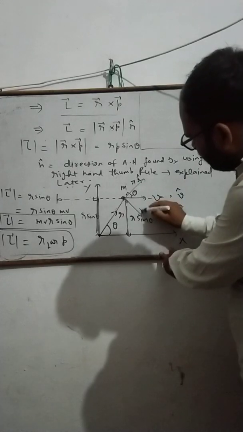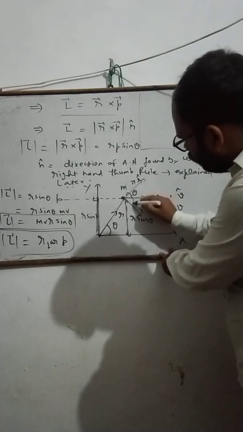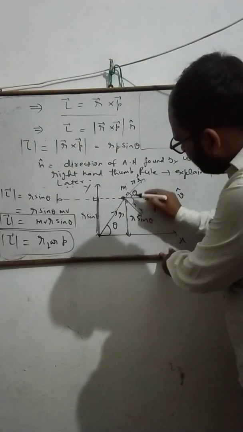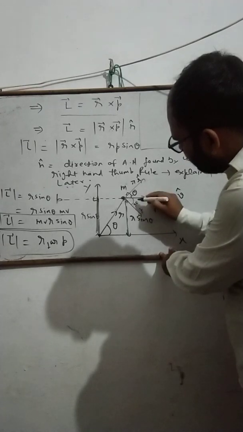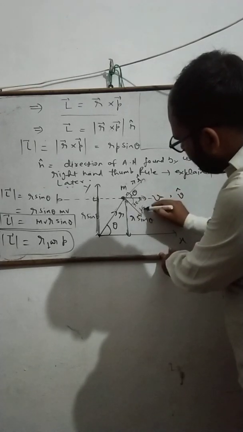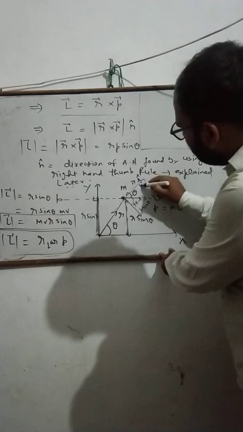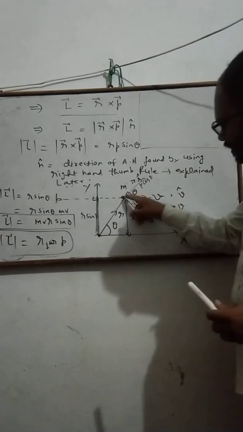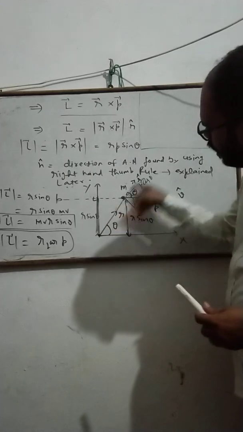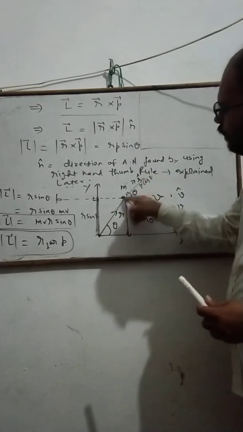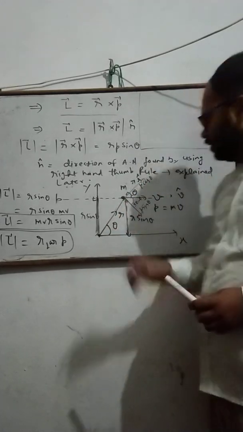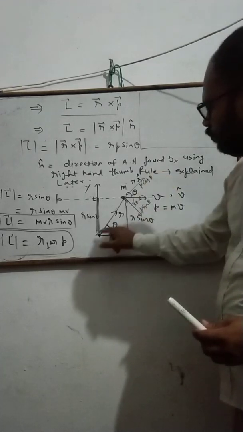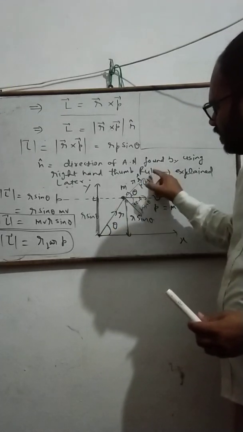Here this is p, this is theta, so this angle is 90 minus theta, so it will be p sin theta and this is p cos theta. Here p cos theta is along r, so it will not have any rotational effect.